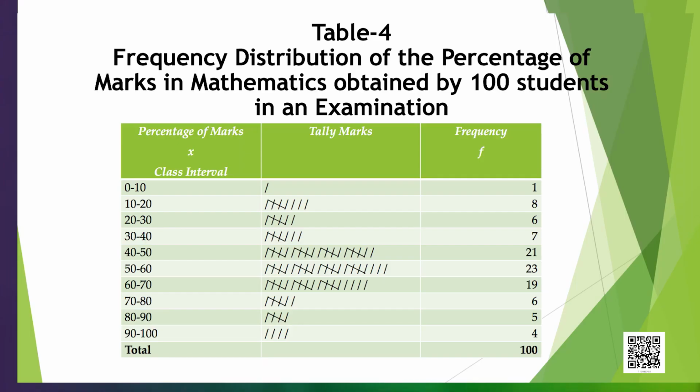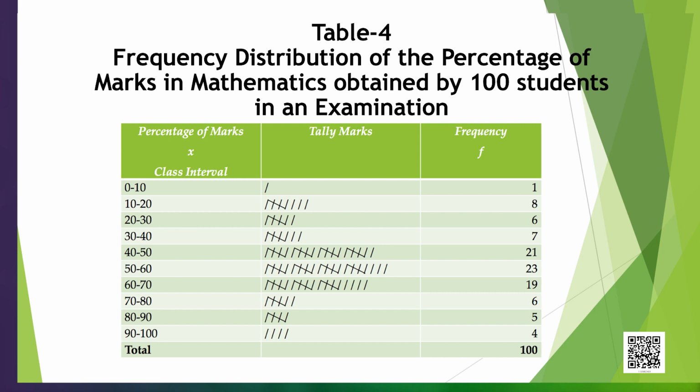Friends, look at table 4 shown on the screen, where the frequency distribution is shown. As you may see, the counting of frequencies is done by placing tally marks against various class intervals. A tally is put against a class for each student whose marks lie in this class.